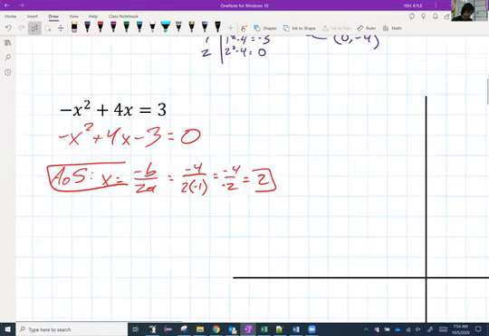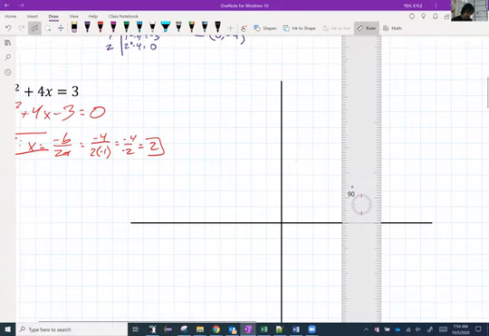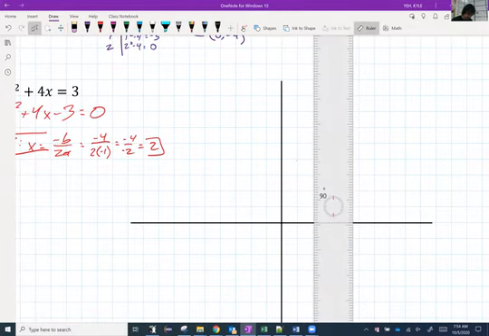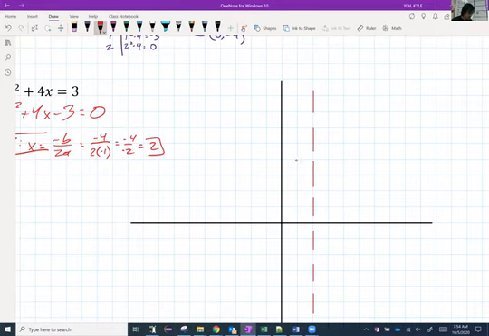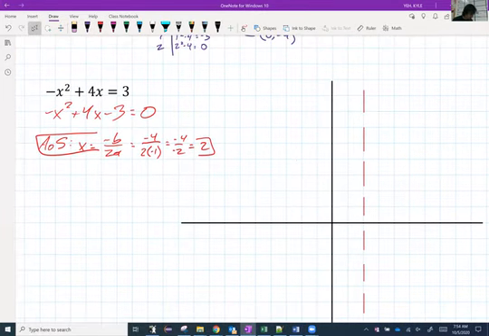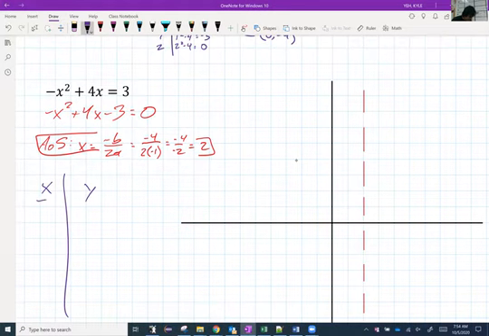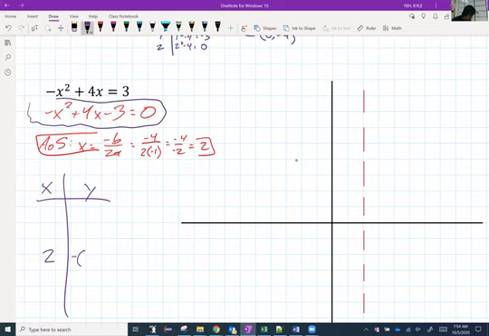I'm going to put that down on my graph so that I know where to mirror image and reflect over. Let's find our vertex. So I'll make my table. 2 is in the middle of the table because it's in the middle of my graph. It's my vertex. So I'm plugging it in, remember, just to that left side.